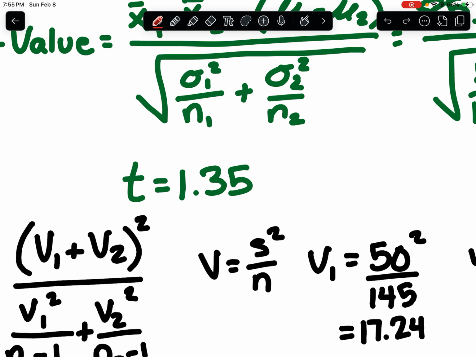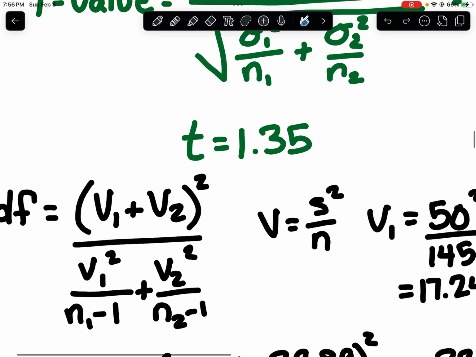Now normally, if we'd gotten a t-value for one data set, we would have gone to our t area table with the degrees of freedom on top and that t-value on the left. Well, degrees of freedom, like I said, is a little tougher to find now because we don't have just one sample size, so we can't just do n minus 1.